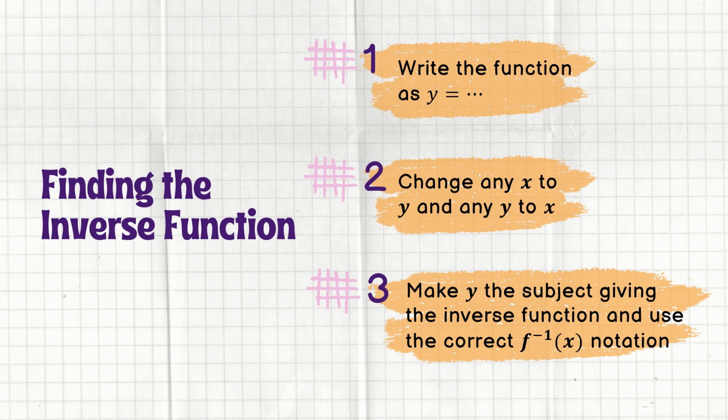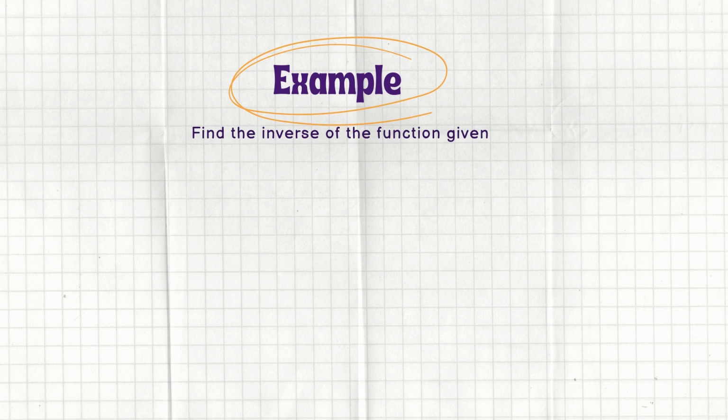And the last step is to make y the subject, giving the inverse function, and then use the correct f minus 1 of x notation. For example, find the inverse of the given function f(x) equals 6x plus 4.